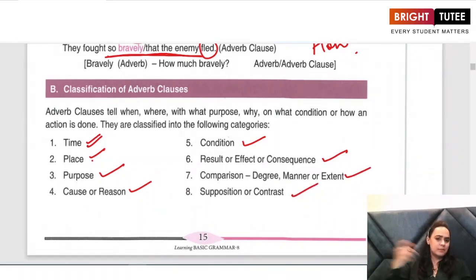So these 8 are the categories in which we can divide our adverb clauses, and we shall learn about each of these 8 categories.